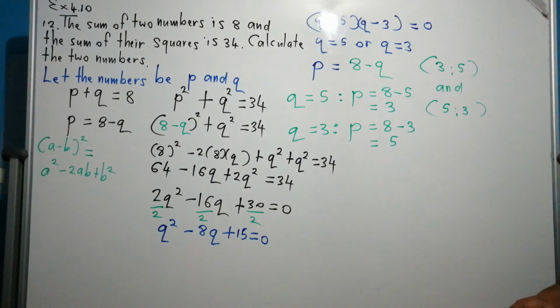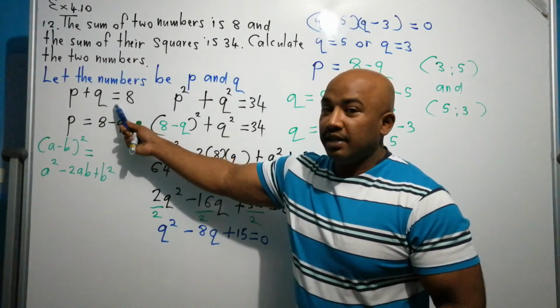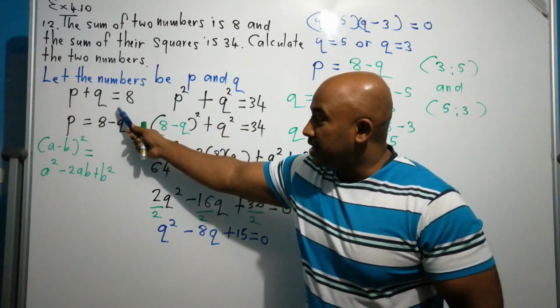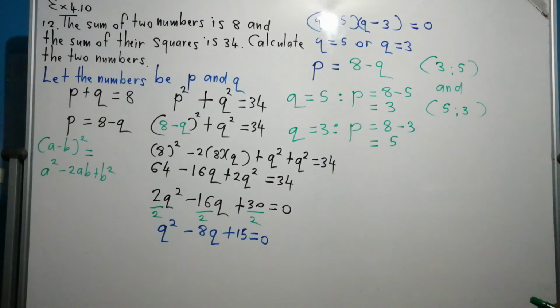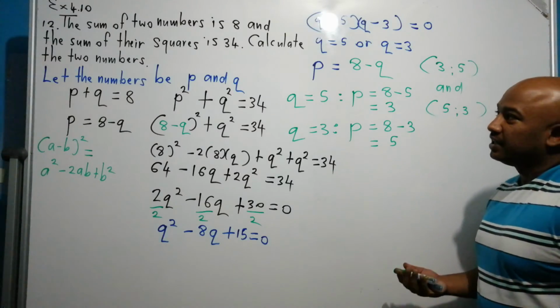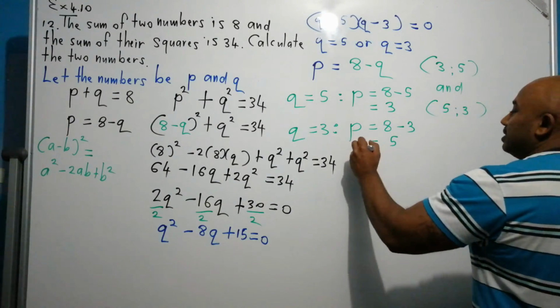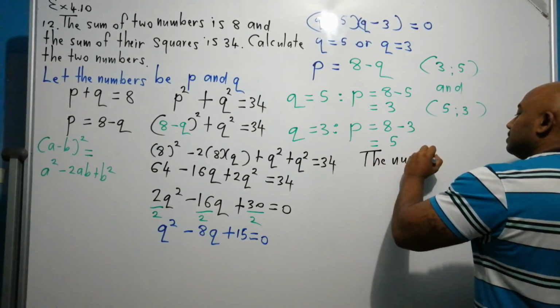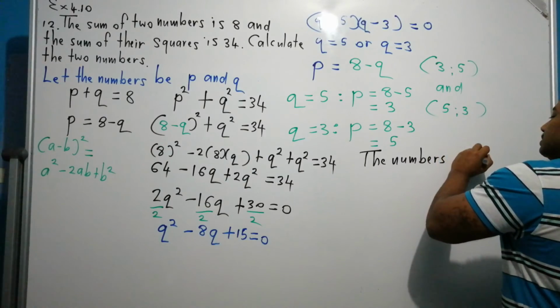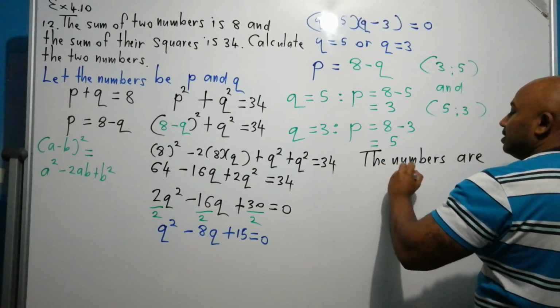If these were two curves, this will be a linear function, this will be a straight line, this will be a circle. These two graphs will intersect, okay, at these 2 points here. Okay, but we are not sketching the graphs here, we are dealing with just two numbers. So therefore, the numbers are, whichever way you look at it, 5 and 3.